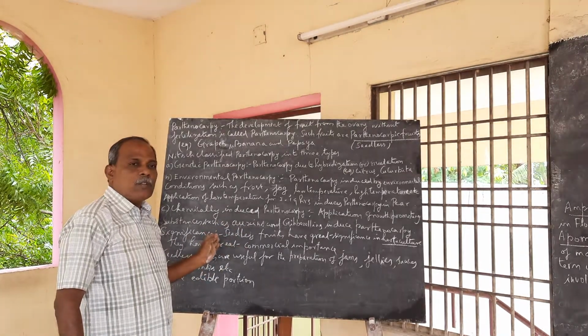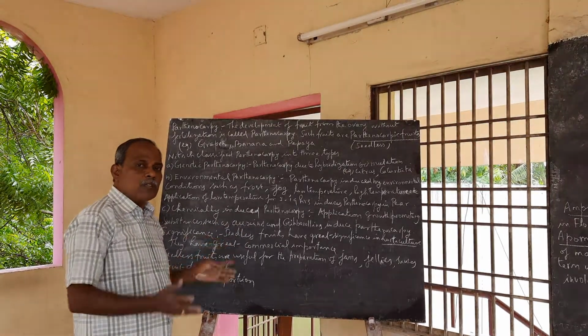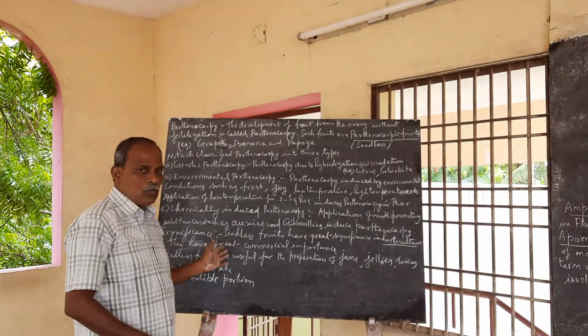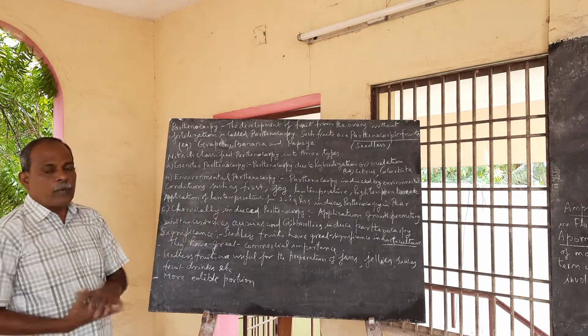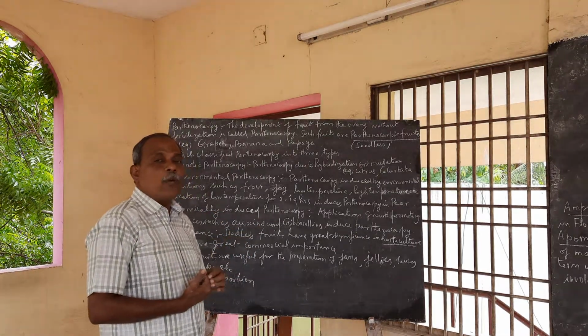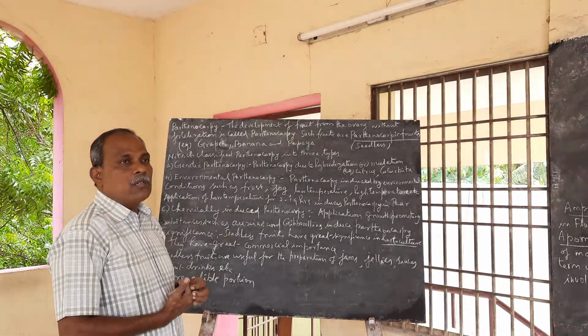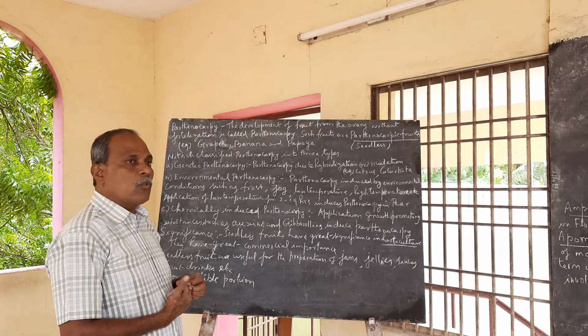Last year we studied that seedless fruits are produced by this. So the application of growth promoting substances like auxin and gibberellin induces chemically induced parthenocarpy.